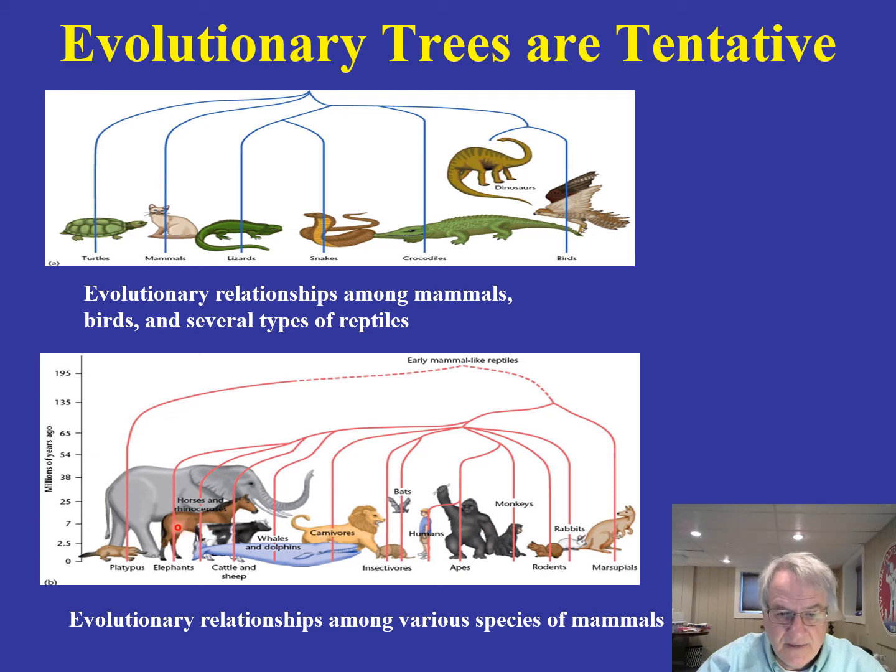This is what we see, but this may change. And indeed, it may change based upon natural selection, based upon what is happening in terms of the environment, what is happening in terms of the gene pools that are in the environment. This is something that is clearly tentative.